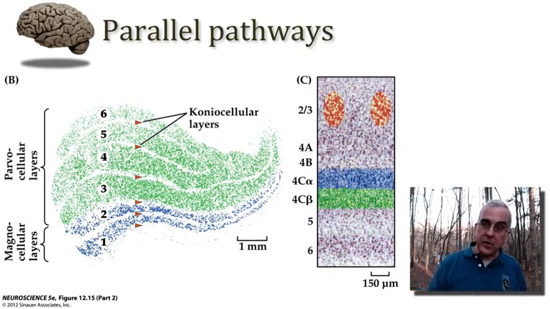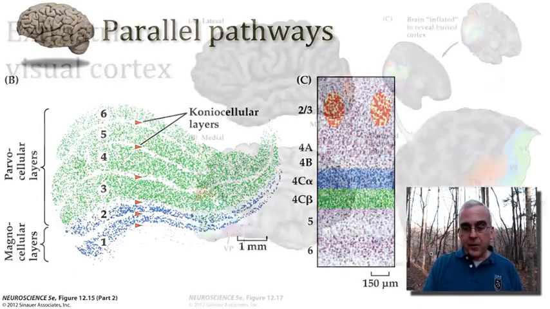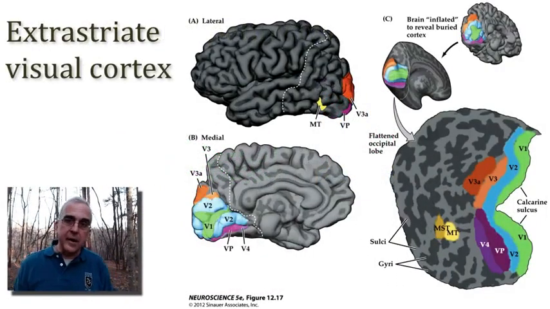Nevertheless, when we look beyond the primary visual cortex, it's possible to recognize two broad streams of processing that emanate out from the primary visual cortex through a set of areas that we call extrastriate visual cortex.